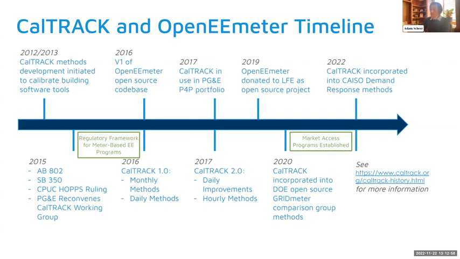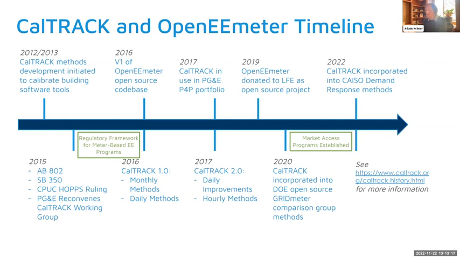After that, the CPUC kicked into gear and had some rulings, some decisions that established the first meter-based framework in California for energy efficiency programs. PG&E then hopped on, as well as a few other utilities, and launched meter-based programs.